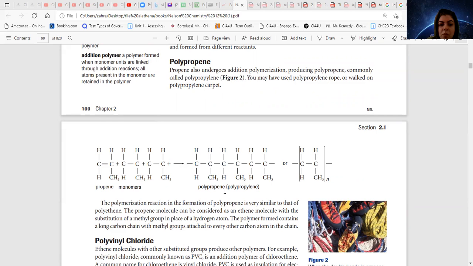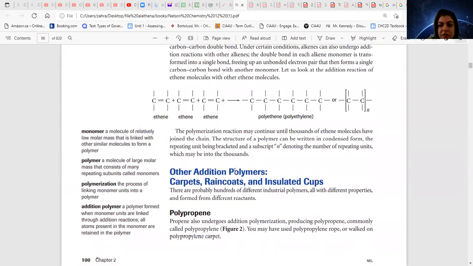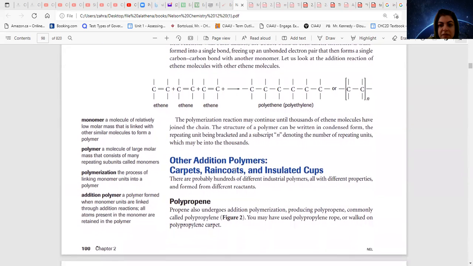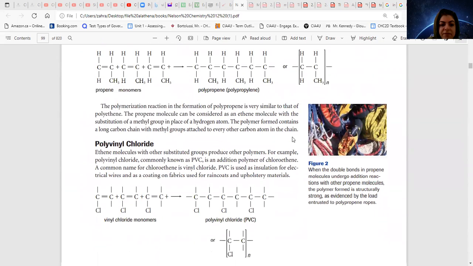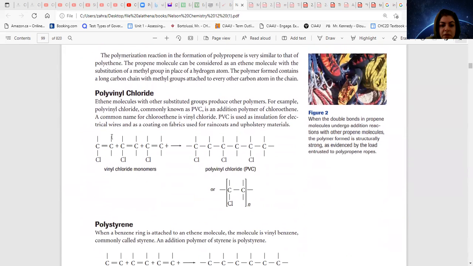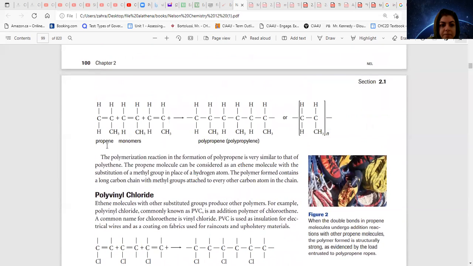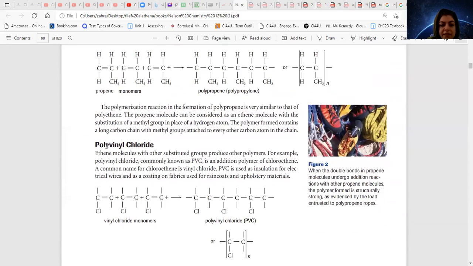Any question? No. Okay, so it's going to be the same thing. And this is going to be your monomer. So polyvinyl chloride. So this is what we have. It is chloroethane, right?